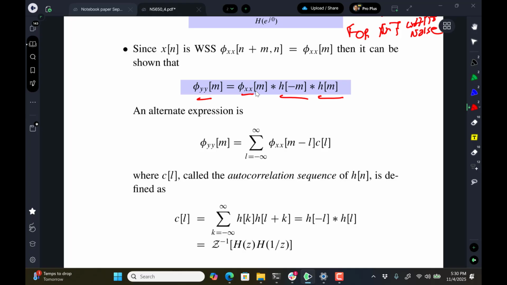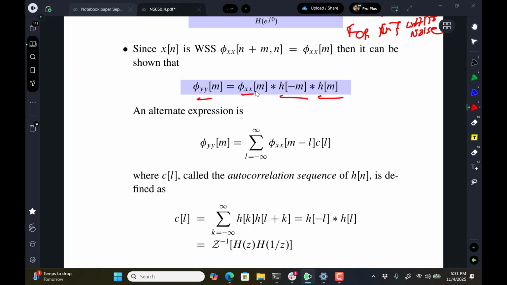I can explain why the double convolution is in there, because y would be x convolved with h. So there has to be two convolutions in there, because to go from phi xx to phi yy, I have to take the first variable in phi xx, convolve it with h, and then the second x in that phi has to get convolved with h again, but because of the variable differences n plus m and n, it works down into that formulation in the blue box.